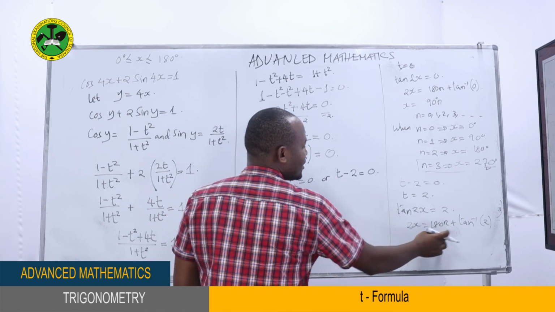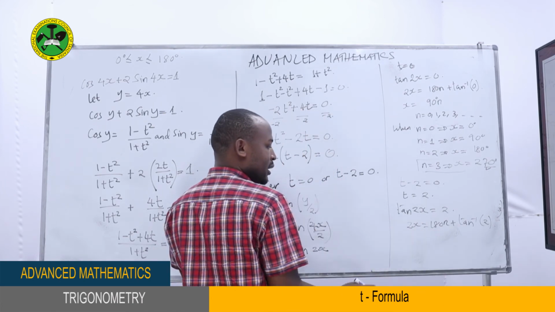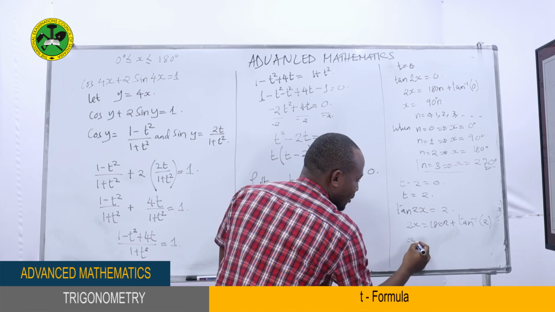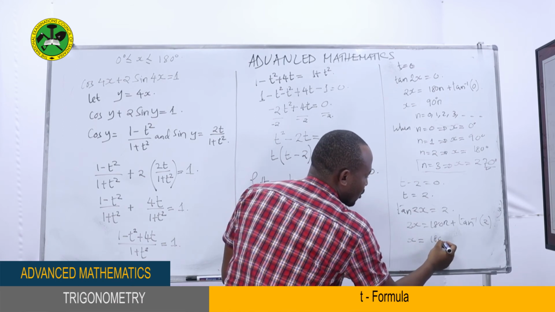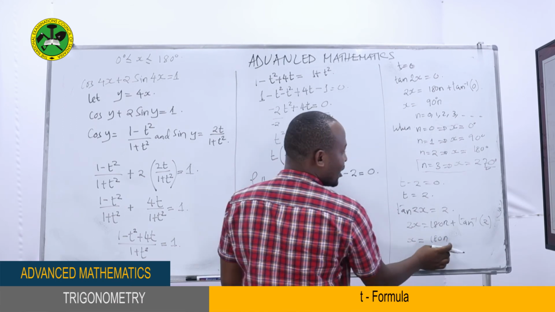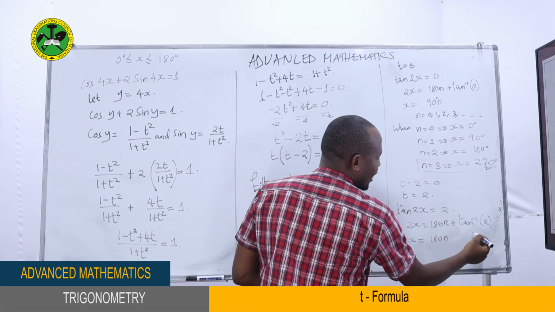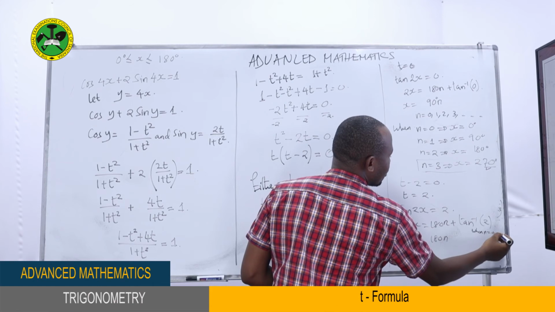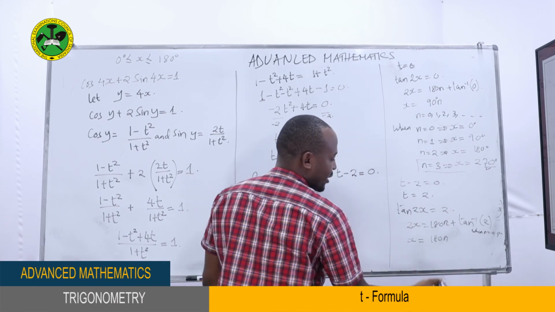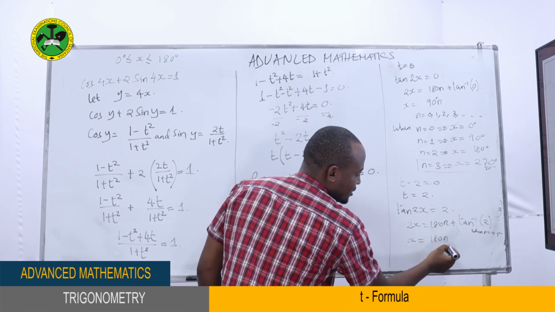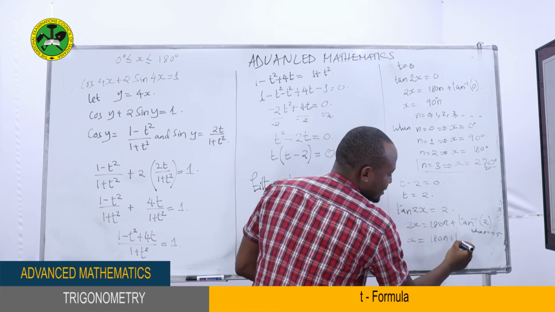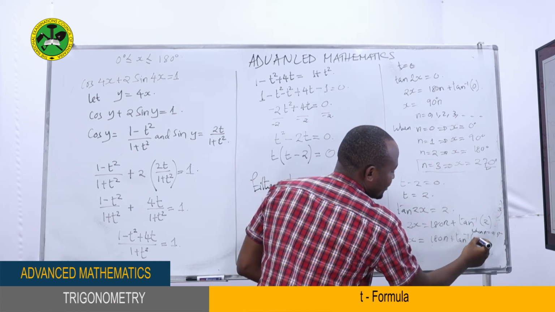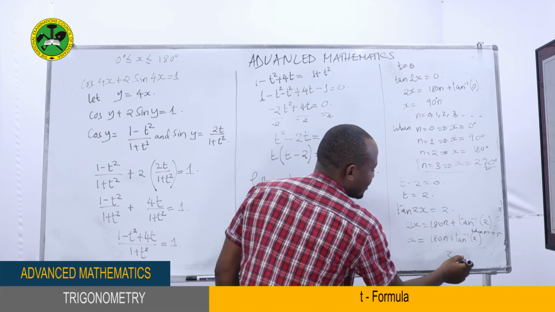But remember, all of this should be divided by 2. That is to say, we have x equals 180n, where you should define n as 0, 1, 2, and so forth, plus tan inverse of 2, and all of that is divided by 2.